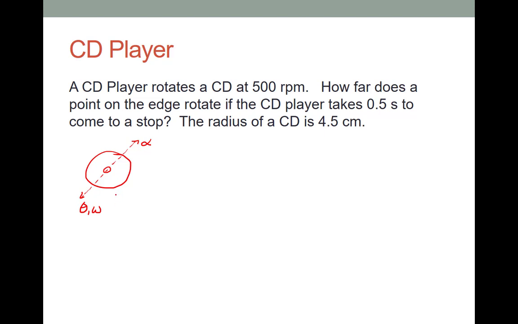So I need to expect my alpha to have a negative value compared to my initial velocity. I'm going to let the direction of the initial velocity be positive. And now I can write my grocery list. I will write it over here instead. More room.